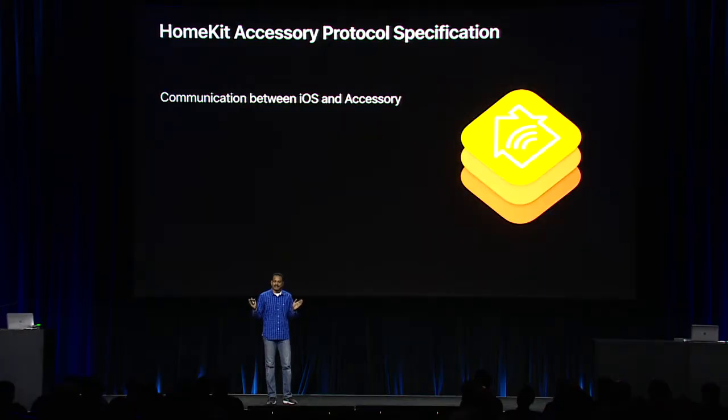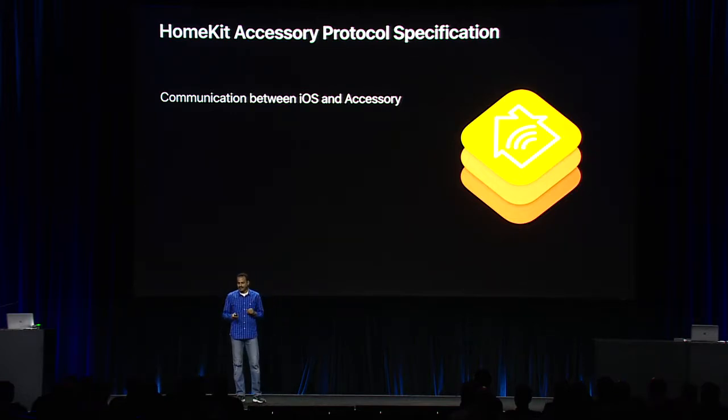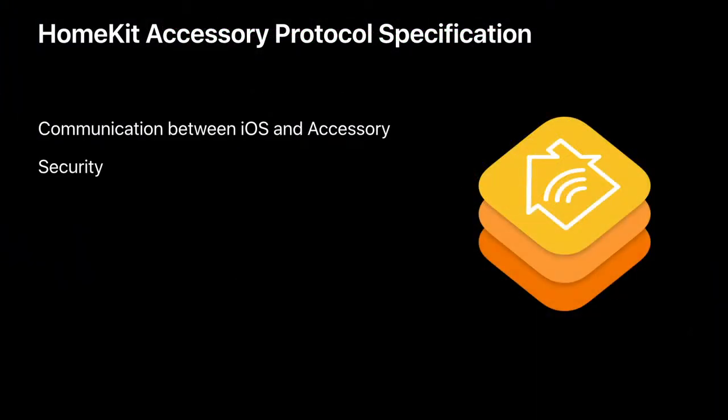Let's start off with a quick overview of the HomeKit Accessory Protocol specification. The HomeKit Accessory Protocol specification describes how a controller, which is an Apple device, communicates with an accessory along with the security requirements. All sessions between Apple devices and accessories over HomeKit are end-to-end encrypted and mutually authenticated.